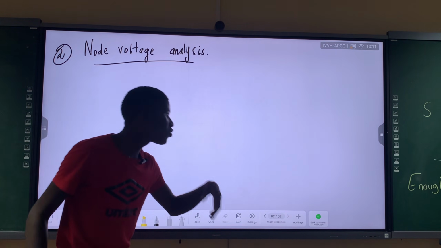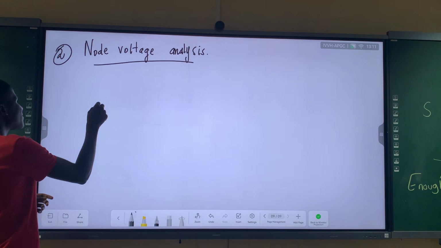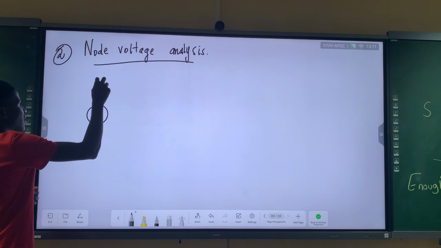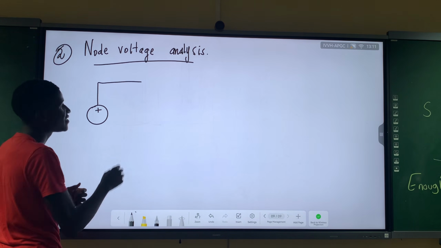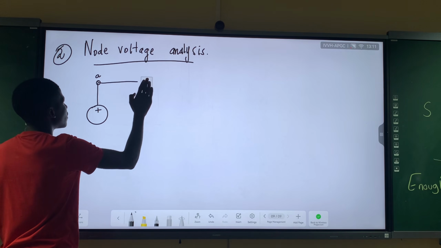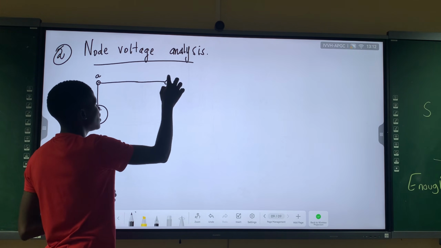Here in node voltage, we use the current law. Let's use the same circuit, solve the same thing, but in a different way. We have nodes here: this is node A. This is node B.